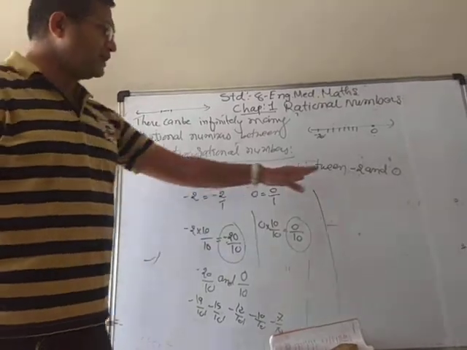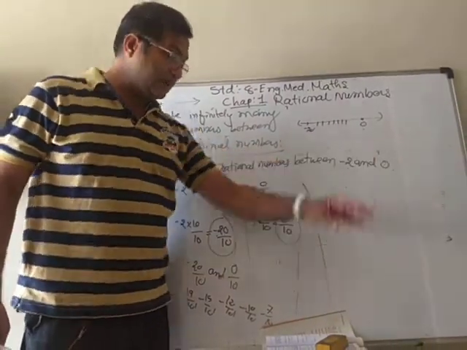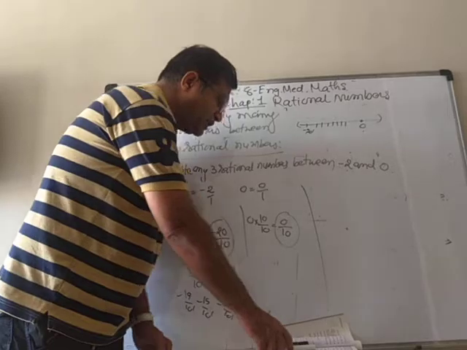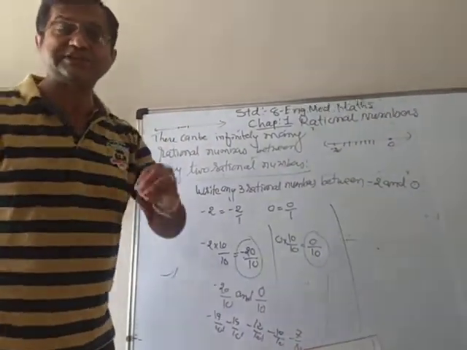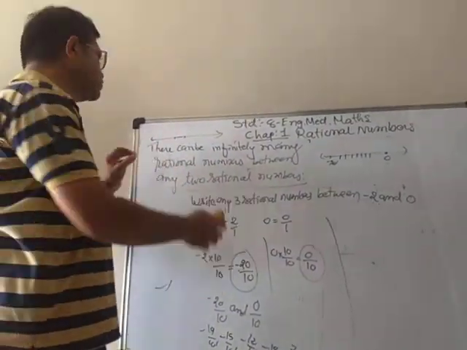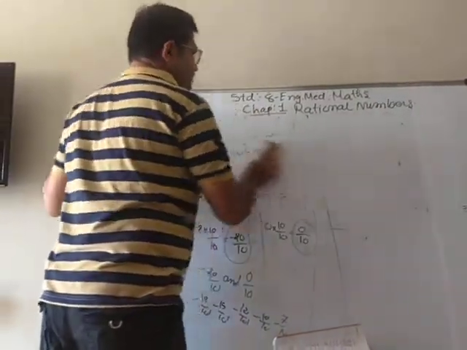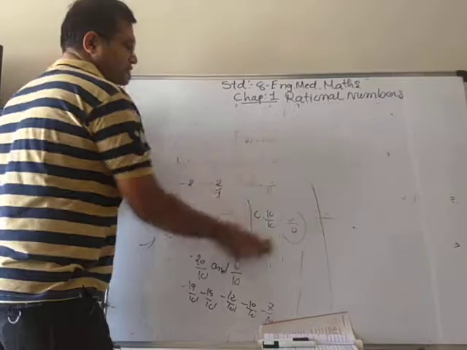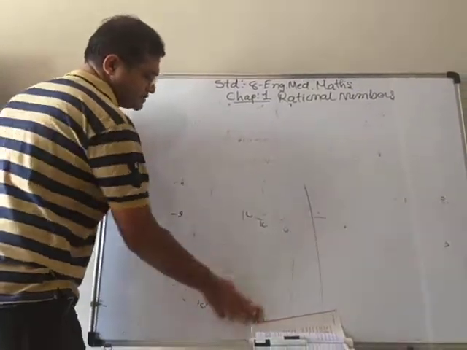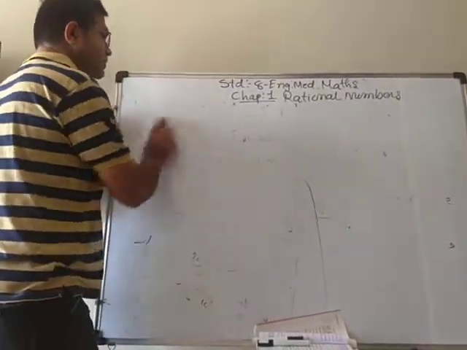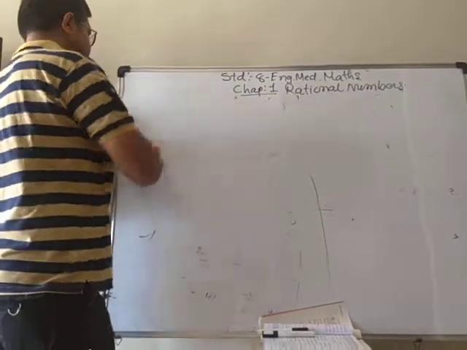So here both the numbers were integers. But if both the numbers are rational numbers in real P by Q form, how can we find 5 or 7 or 10 rational numbers between them?